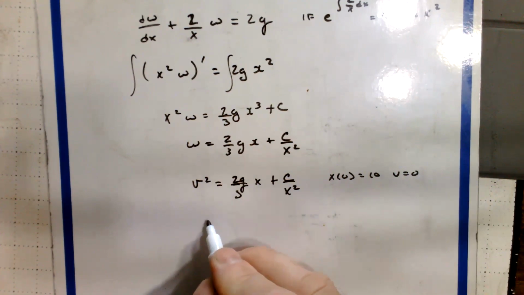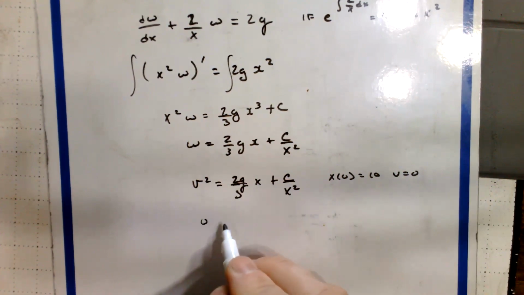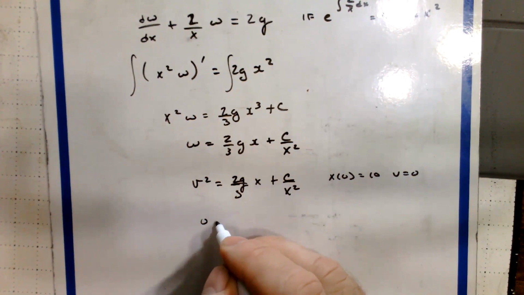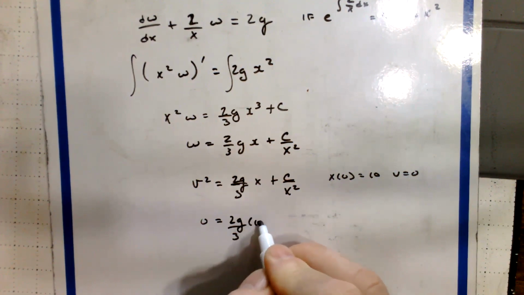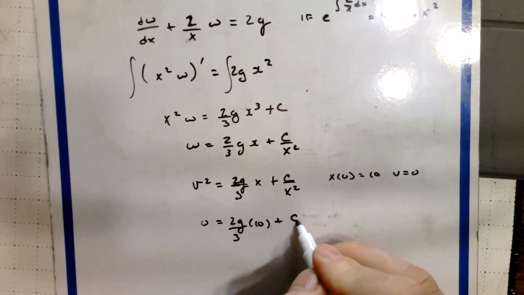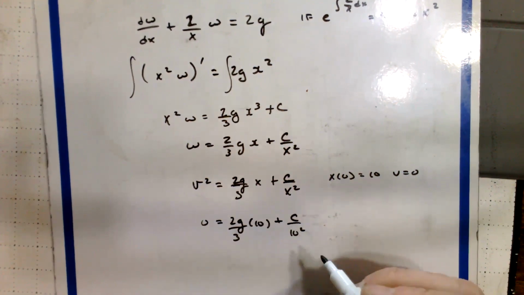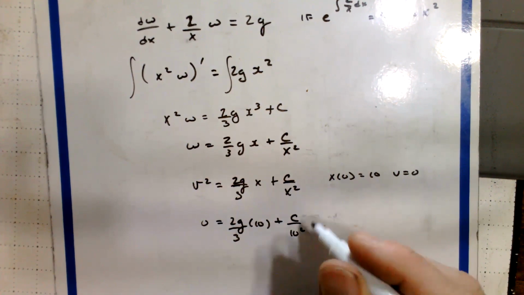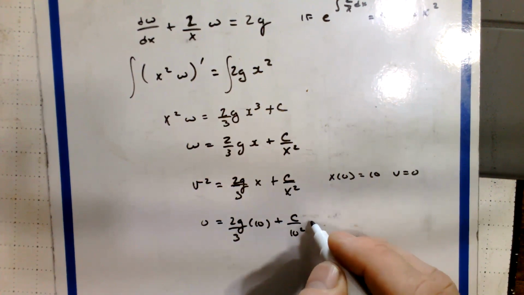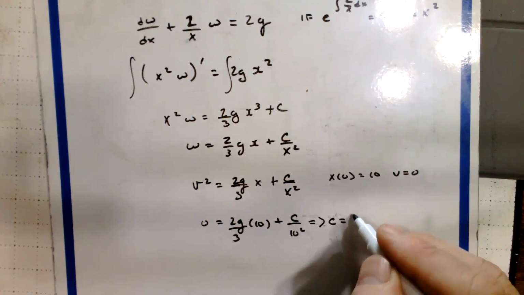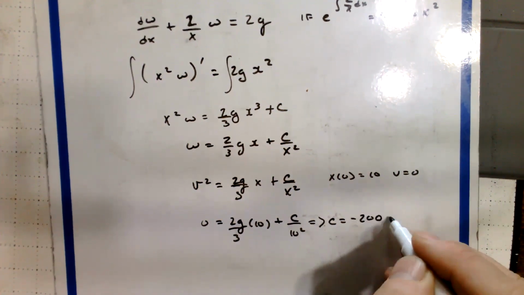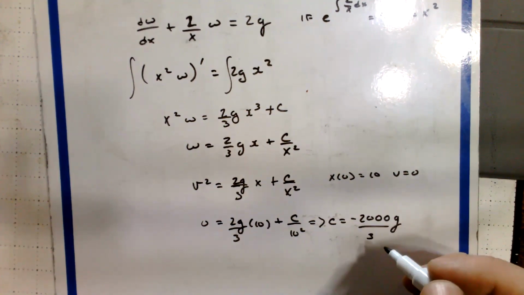So let's plug that in. v is 0, so 0 is equal to 2g over 3 times 10 plus c over 10 squared. Solving for c, you get negative 2000g over 3. Okay, yeah, that's right.